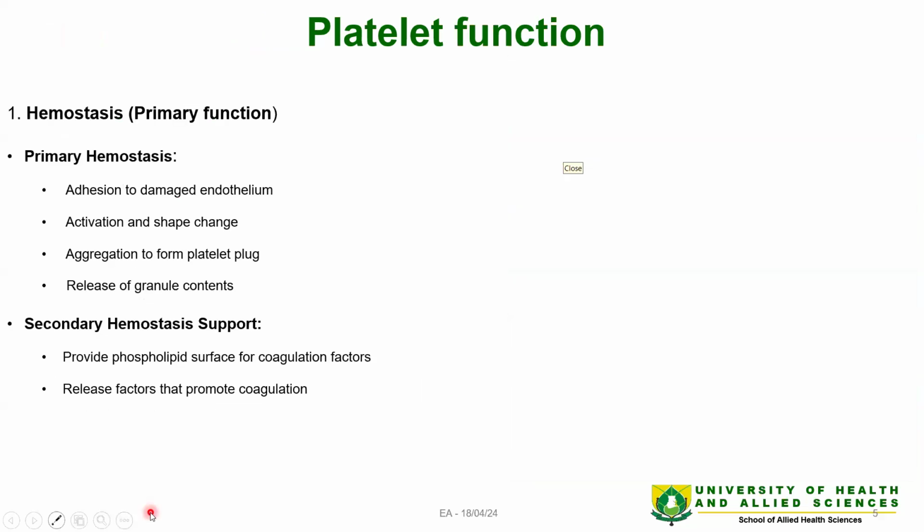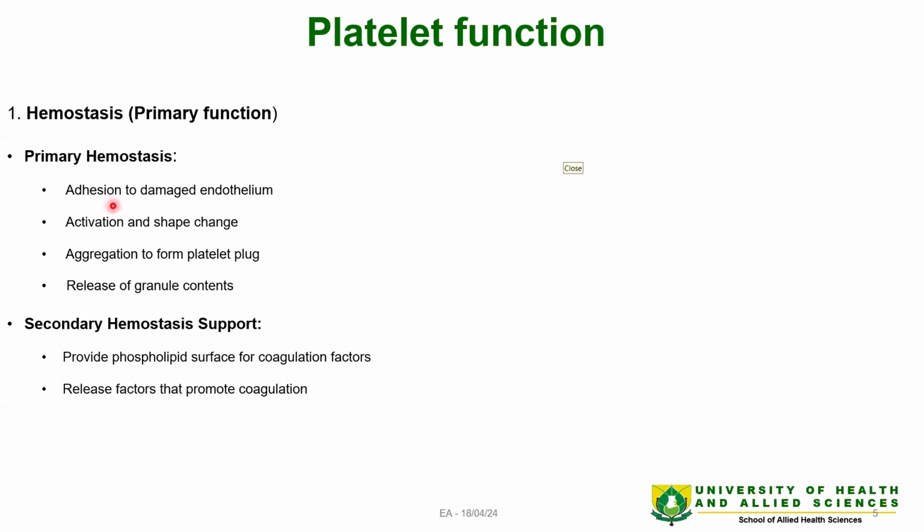So again, we want to look at platelet function. The primary function I did mention earlier is that they are involved in forming a primary hemostatic plug. Anytime there's damage to a blood vessel, platelets are first to reach the site because they are closest to the blood vessel wall.